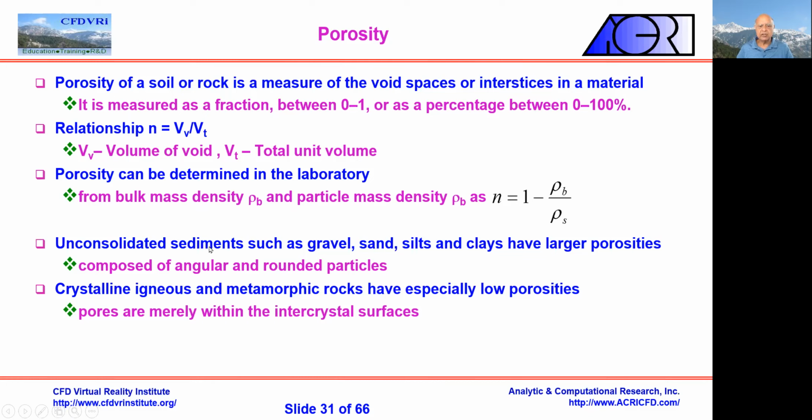So unconsolidated sediments, gravel, sand, silt, clays have larger porosity, typical would be 0.3, 0.4, somewhere in that range, usually 0.3 or so for agricultural soil, okay. And then crystalline and igneous rocks would have very low porosities, okay. They do have porosities, okay. No rock is absolutely watertight, okay. Just a question of how watertight it is.